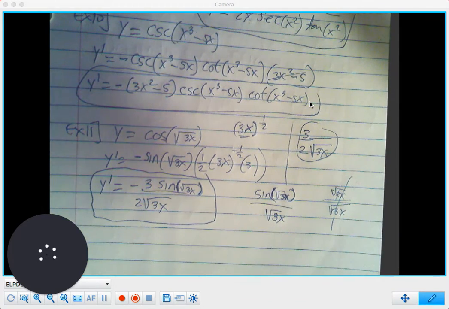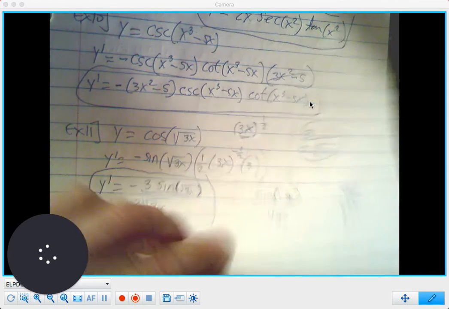Cool? Let me look for another one. Oh, this one looks fun. Okay, so if you guys understand this one, then that means that I did my job. This would be the hardest problem. F of x. What was it?